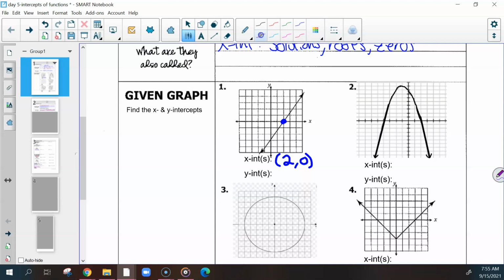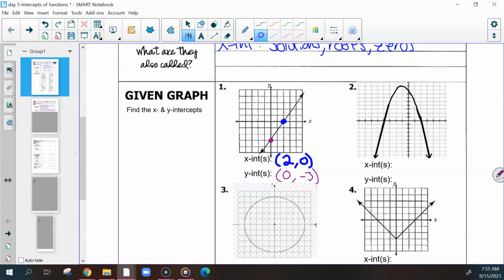Where is our y-intercept? Negative 3. Now our x is 0, but our y is negative 3.